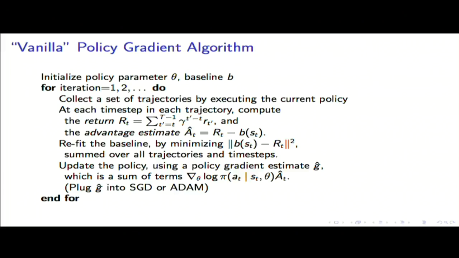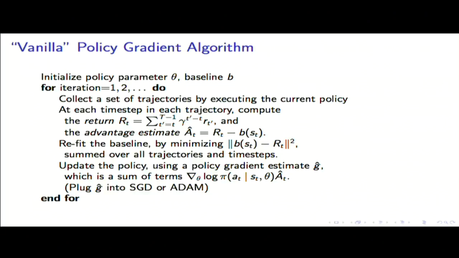In each batch you collect a set of trajectories by executing the current policy. At each time step in each trajectory, you compute the return, which is the discounted sum of future rewards following that time step in the given trajectory.